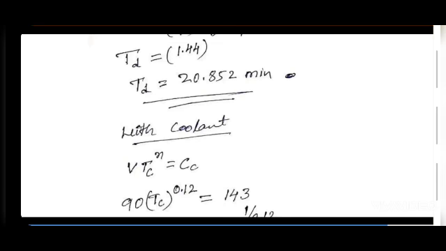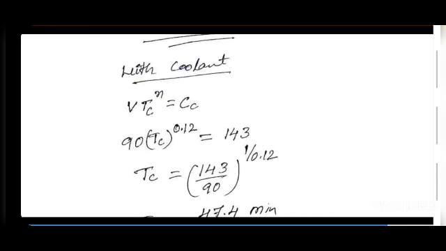With coolant, you calculate tool life with coolant. The cutting speed will not change, it is 90 only. N value will not change, but with the use of coolant, as given in the problem statement, C value increased by 10%.